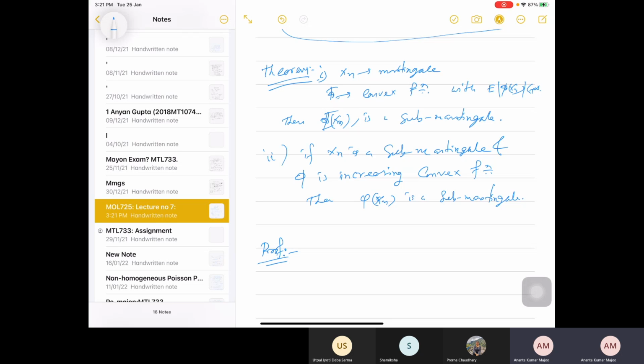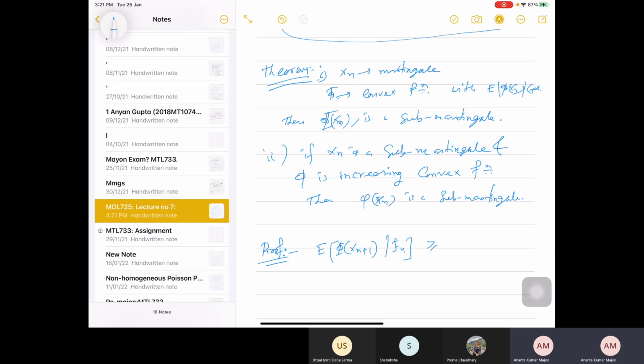That is the submartingale property. So look at the expectation of phi of Xn plus 1 given F of n.